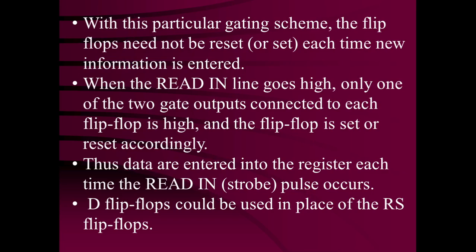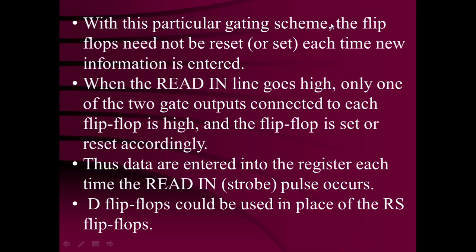With this particular gating scheme, the flip-flop need not be reset or set each time new information is entered. That means whatever the prior information is, according to the new information, when the read-in line is going to be high, each flip-flop is going to be set or reset depending upon the output of the AND gate.